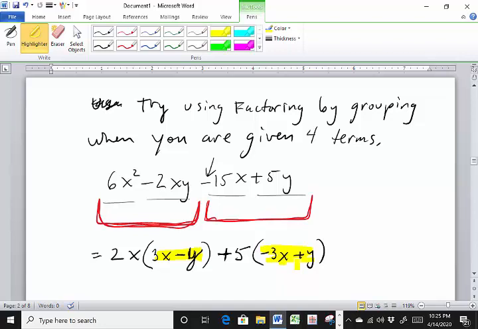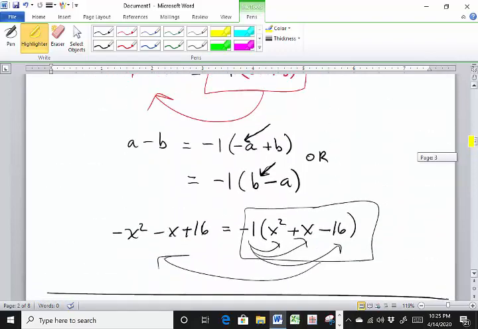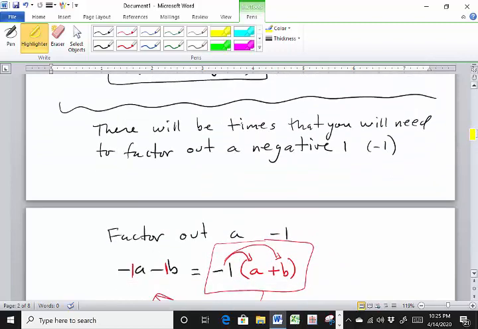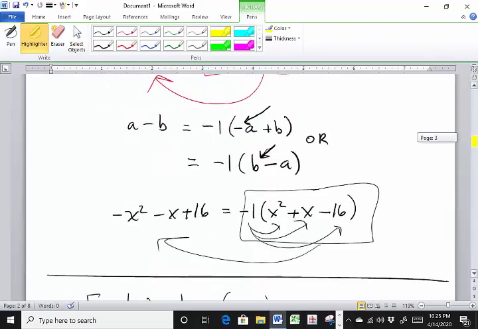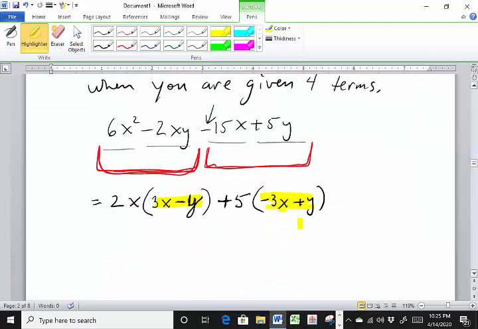So what you would have to do, if you put plus 5 instead of minus 5, is what we just said up here: every once in a while, there will be times that you will need to factor out a negative 1. This is an instance where you would have to do that.